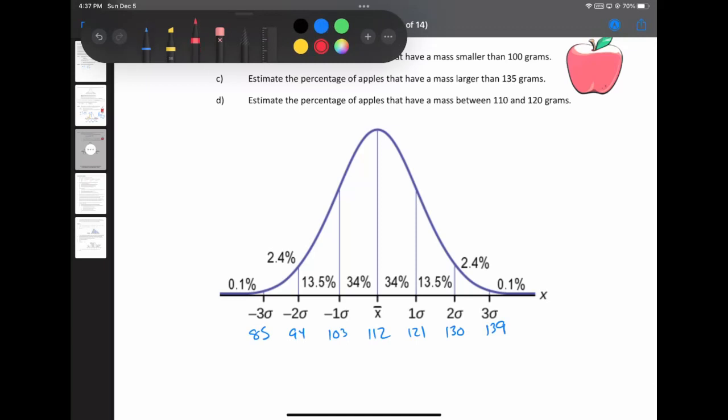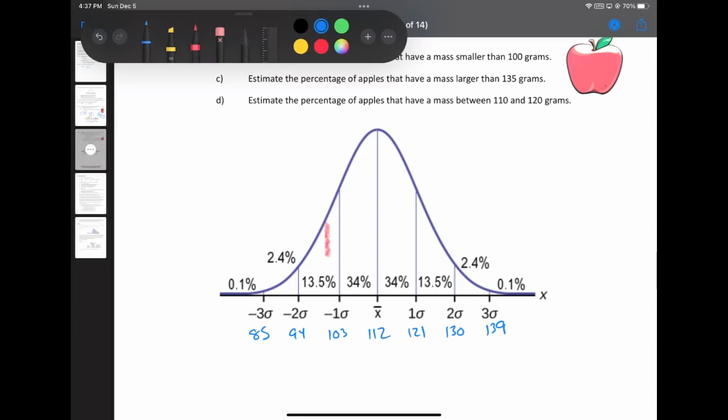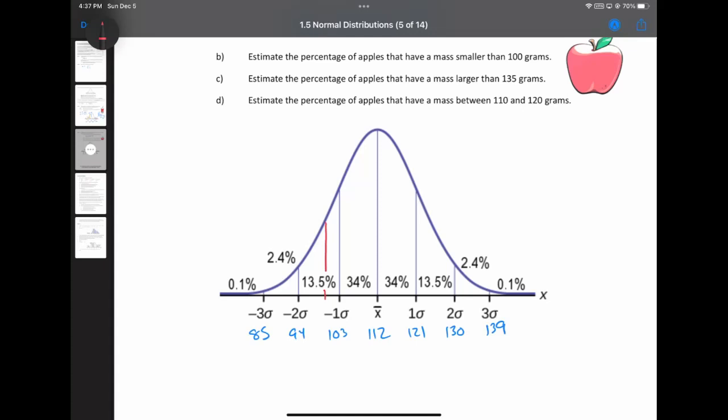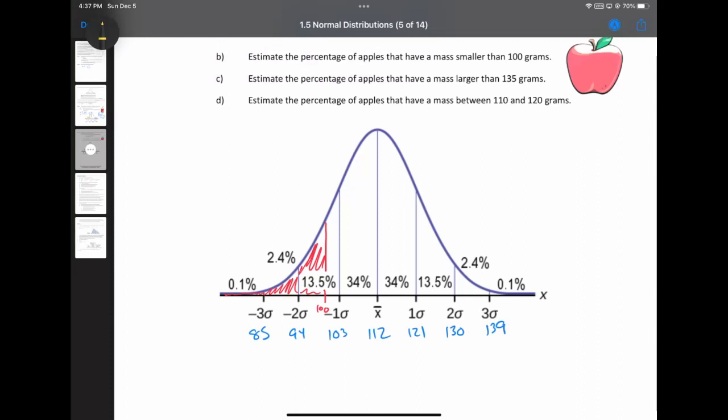Now I'm going to use the red to represent the ones that are under 100 grams. 100 grams is about 2/3 of the way through the bar, so it's about here. I'm going to shade this in, but try not to go over any of the numbers. Then I'll use yellow for the ones that are over 135, which is about here.